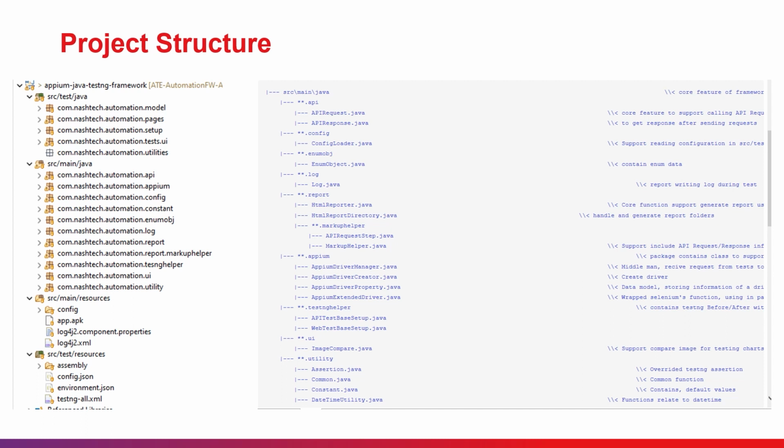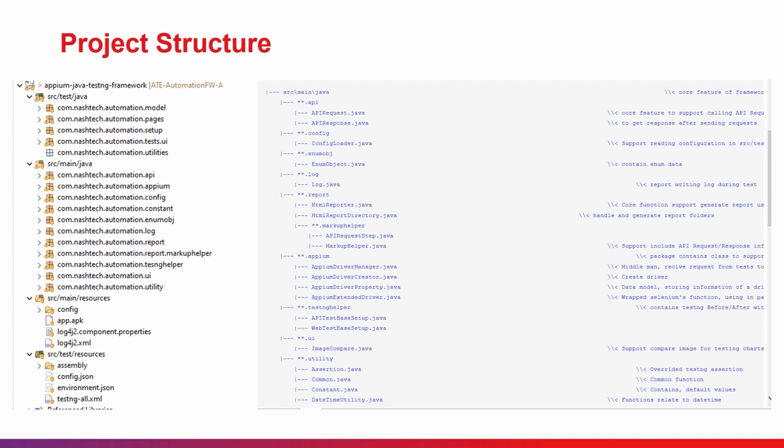For example, in the Appium extended driver file, we create functions for tapping on the mobile, or sending keys or swiping. In this function, we wait for the element to be clickable before tapping instead of tapping immediately. With this wrapped function, users don't need to handle waiting in their script, and the test script will be more stable. The utilities folder contains all the common methods used for the project like datetime or random methods.